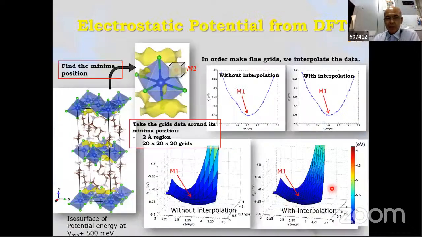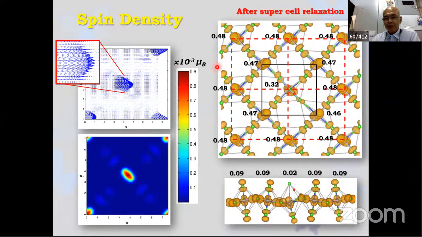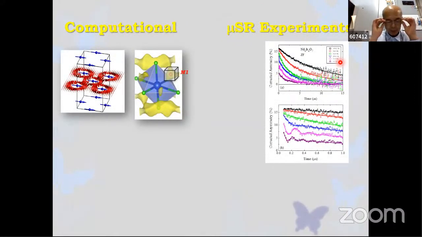So first we calculate the potential, then decide the initial position of the muon. The muon is a probe. Then we estimate the magnetic moment state and match it with the experimental result. This is our method at this moment. From the computational method, we can discuss the electronic state and estimate how much hyperfine interaction the muon has.